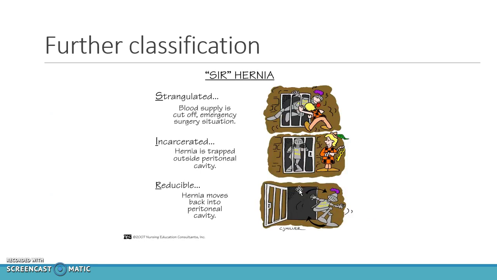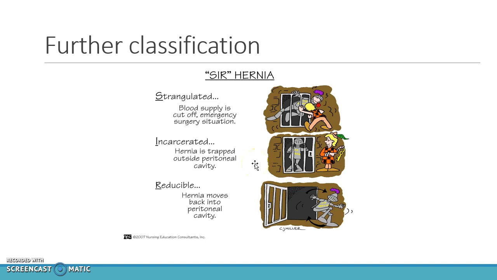There's further classifications of hernias, and SIR hernia is a mnemonic that you can remember for strangulation, incarcerated, or reducible. So strangulation is when the blood supply is completely cut off, and this is an emergency situation because that bowel will die. Some signs of that are abdominal distension, nausea, vomiting, pain, fever, and tachycardia.